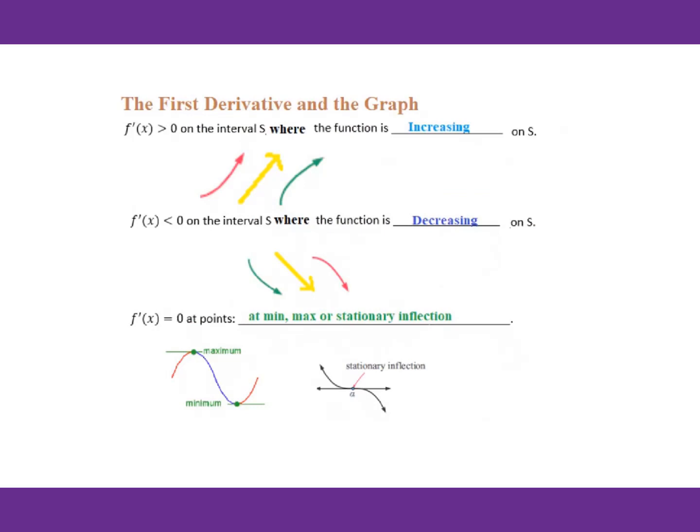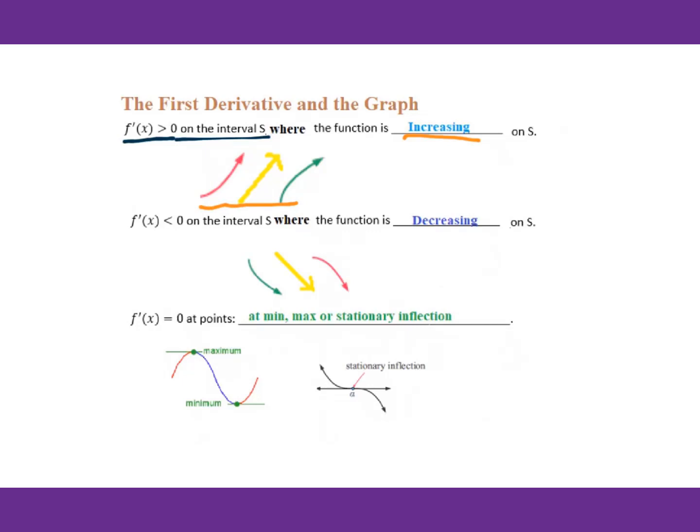From the video on the investigation of a derivative, we already explored the relationship between the first derivative and the graph. The derivative is positive on the intervals where the function is increasing, like these three types of graphs.